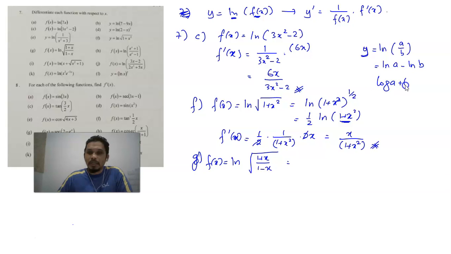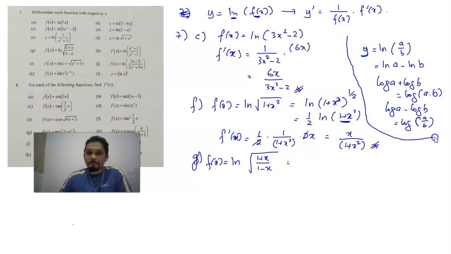Log A plus log B equals log of A multiplied with B, and log A minus log B equals log of A divided by B. I do hope that all of you still remember this.